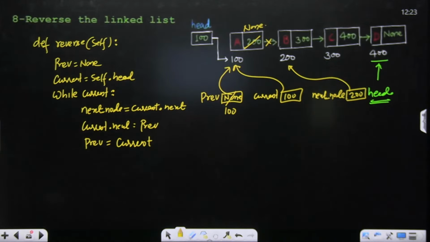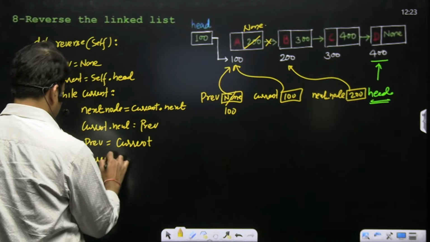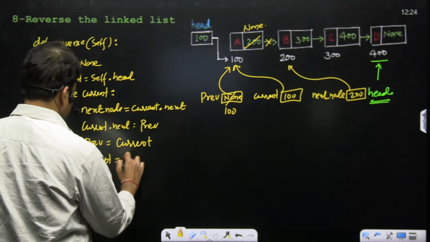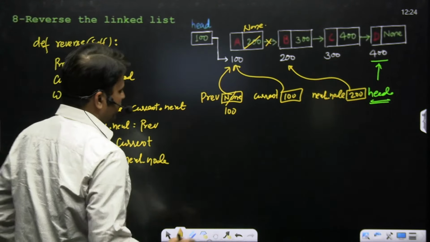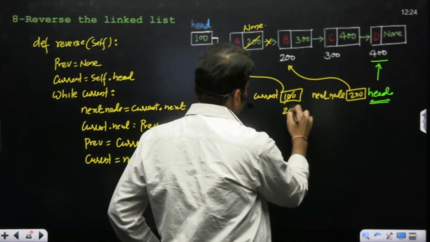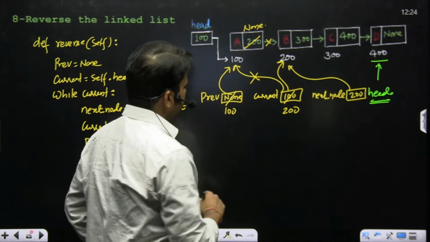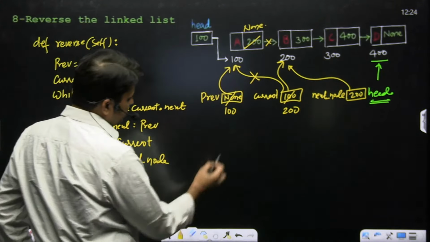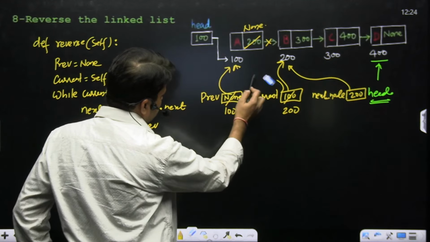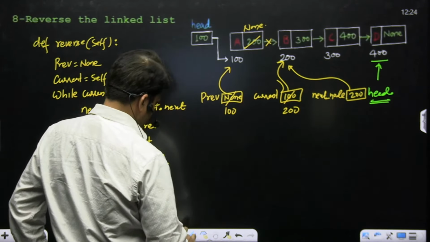And current equals to next node. Current equals to next node is what, sir? 200. So this one is pointing to this one. So this connection is disconnected. All right, student. So now in the next scenario, this is removed.